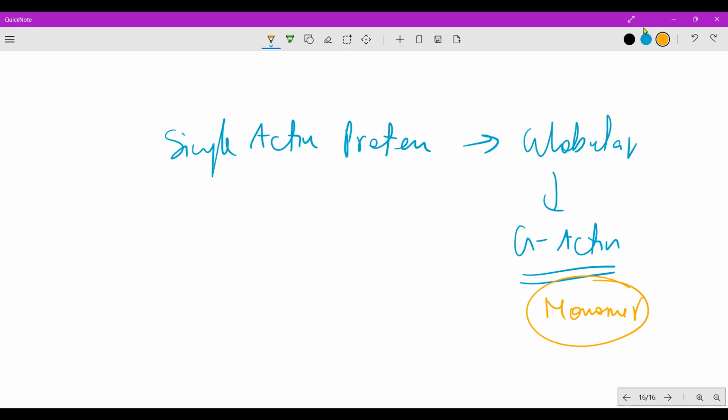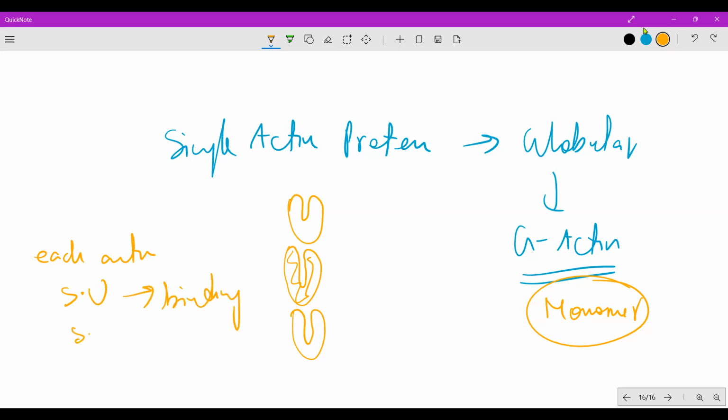और ये जो G-actin है, it can also interact with two other actin subunits. This will interact with two other actin subunits, one on the lower side, one on the upper side. बात समझ में आ गई? तो each actin subunit has binding sites for two other actin monomers.